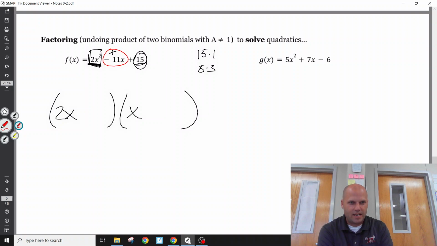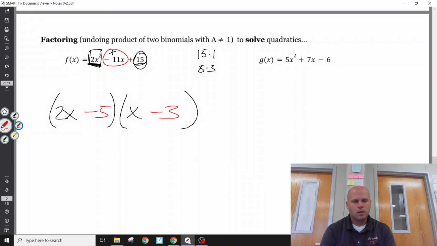The reason why I get negative 6x's is 2 times negative 3 gives me negative 6x's. There's that 3. And then negative 5 times x is negative 5x's. I can just think about distribution. It'd be like 2x squared, negative 6x, negative 5x, positive 15, boom. The ones we're going to give you are easy enough that you can do this method, just like the figure it out method.